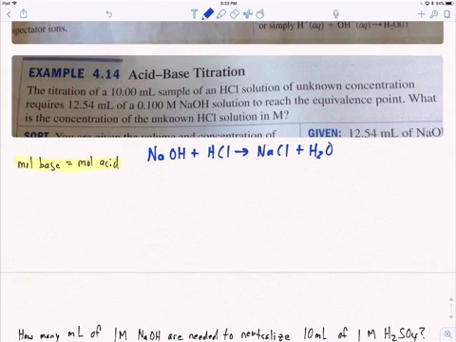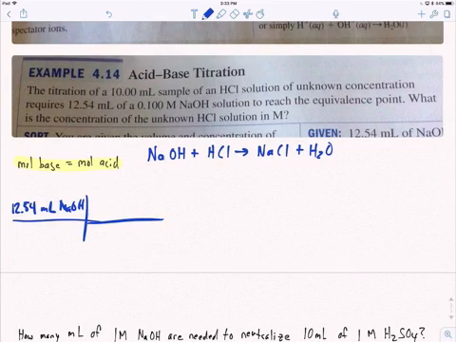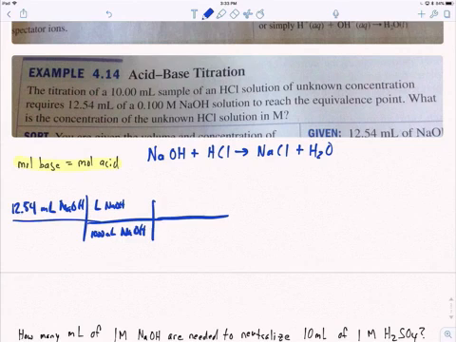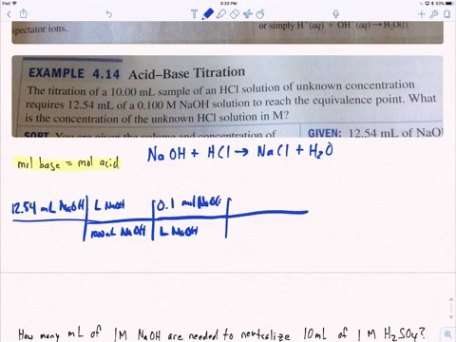So we have 12.54 milliliters NaOH, and 1 liter NaOH per 1,000 milliliters NaOH. And we have 0.1 moles NaOH per liter NaOH. Then by the balanced chemical equation, 1 mole of HCl per mole sodium hydroxide.